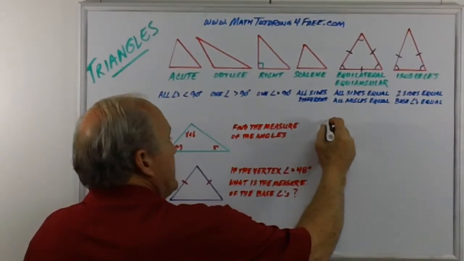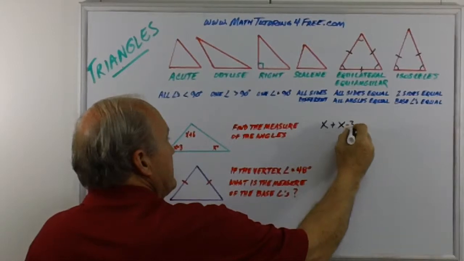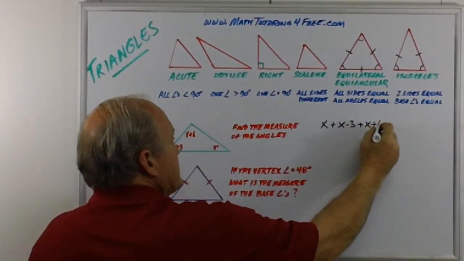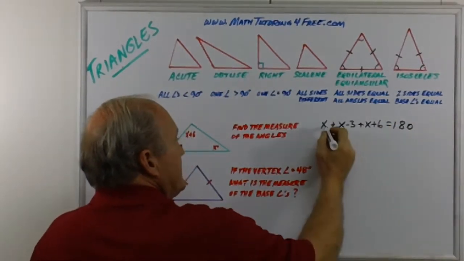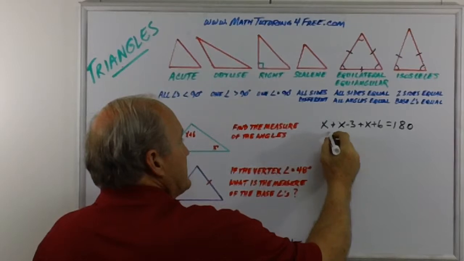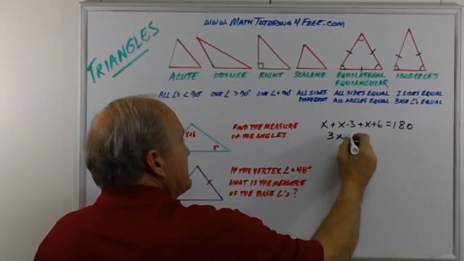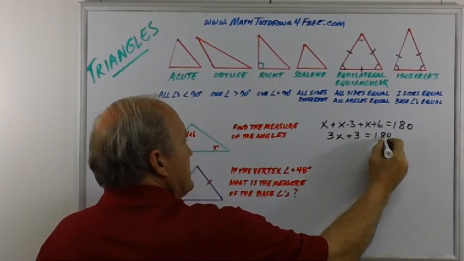So it would be x plus x minus 3 plus x plus 6 equal to 180 degrees. Combining like terms, we have 3x minus 3 and a plus 6 would be a plus 3. That's equal to 180.